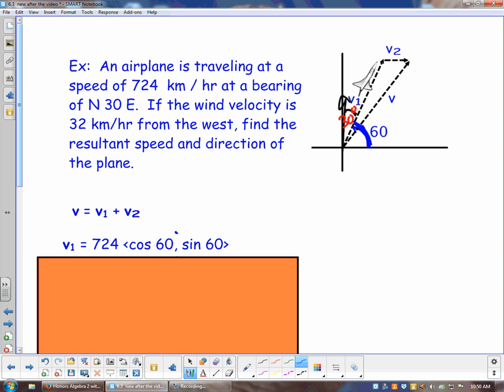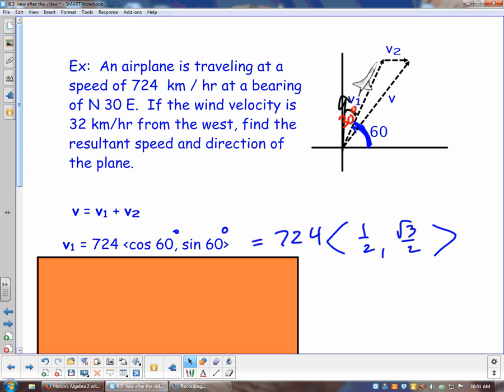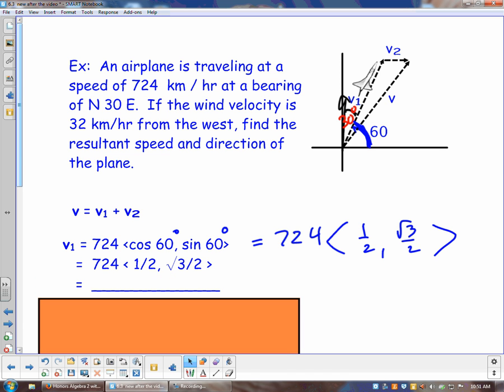Yes, degrees. And so that's going to be 724 times, what is the cosine of 60? 1/2, and the sine? Radical 3 over 2. So we have that here, and then when we distribute that, let's get a decimal approximation for this. Well, 724 times 1/2 is 362, comma, and then 724 times square root of 3 divided by 2 is going to be 627.0039.